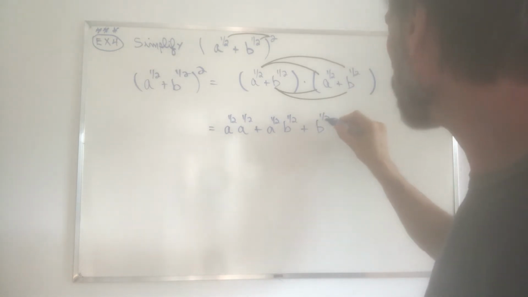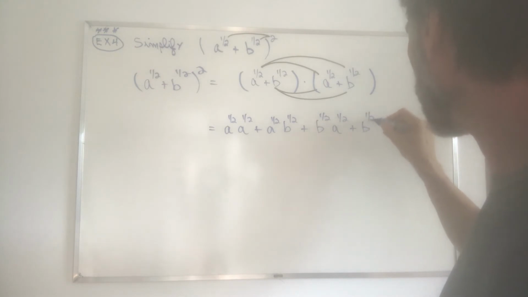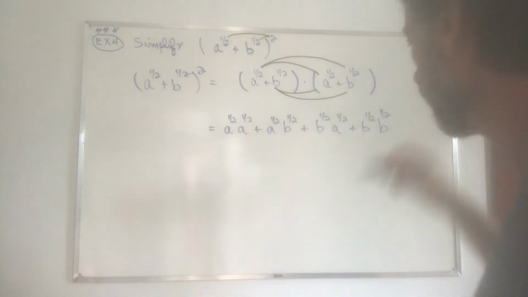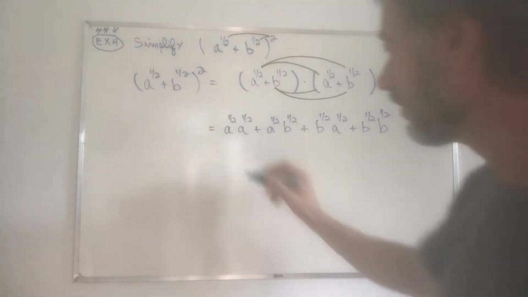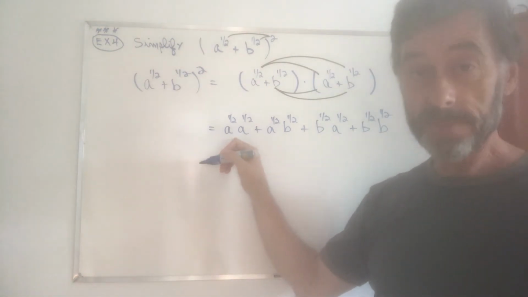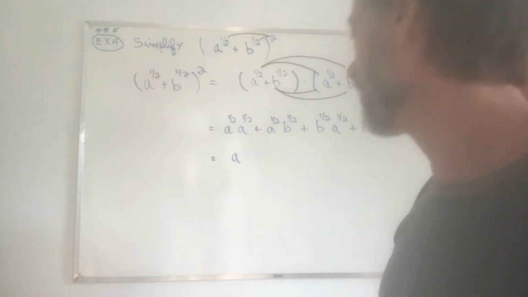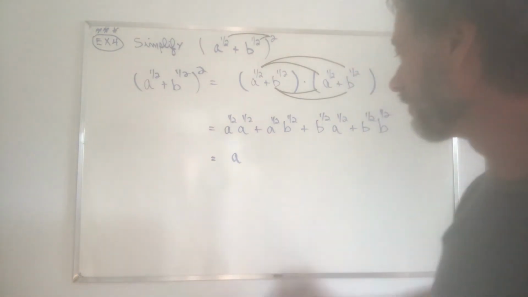Then b to the 1/2 times a to the 1/2 and b to the 1/2 times b to the 1/2. That was a mouthful. So a to the 1/2 times a to the 1/2. I'm going to add my exponents. 1/2 plus 1/2. Everybody knows this. It's a to the 1.